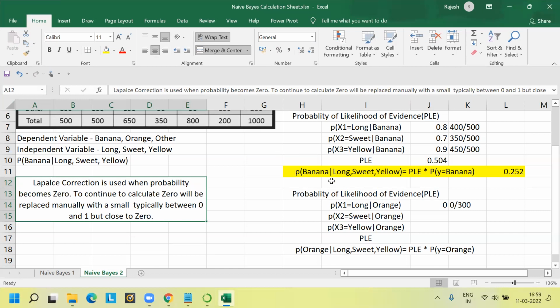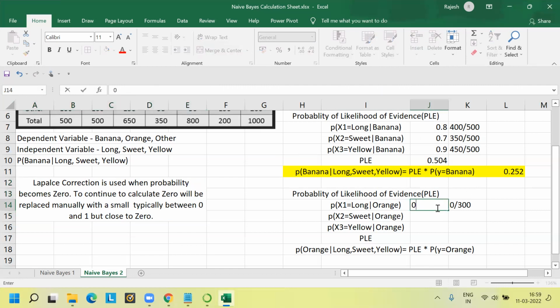So using this Laplace correction, I am converting this 0 to 0.1. It is actually 0, but I am converting it manually to 0.1.